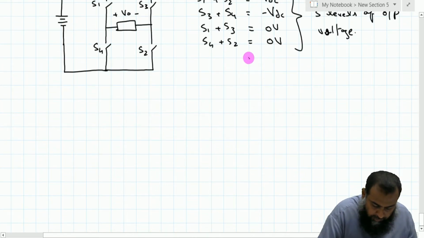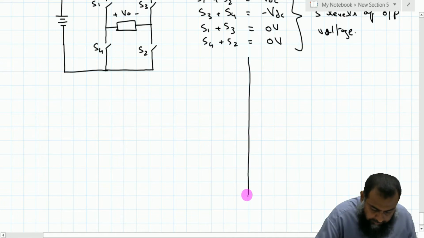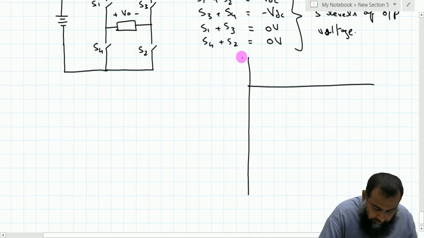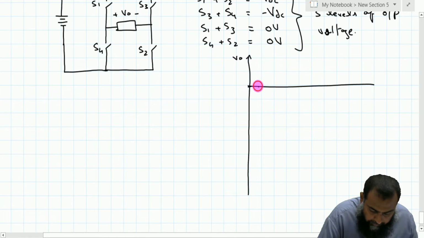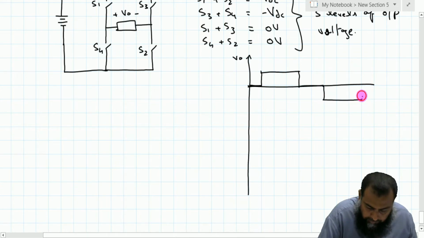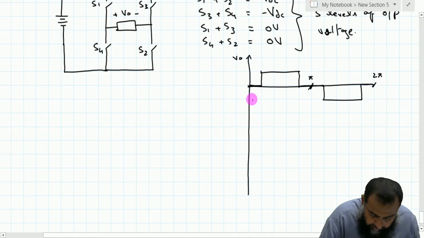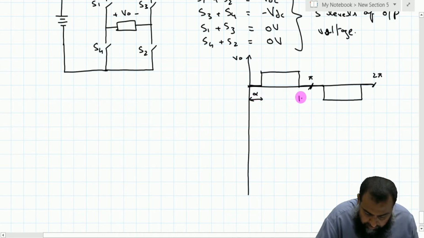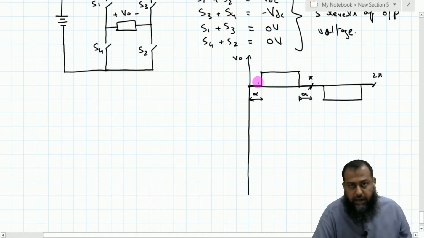By utilizing this zero sequence, we will get an output something like this. So this is V naught. Here we have pi, this is 2 pi, and this is the zero period alpha, which is introduced at the start and at the end of each half cycle.